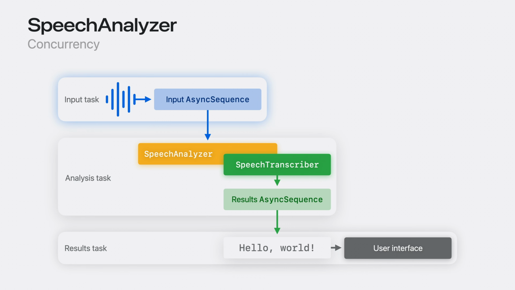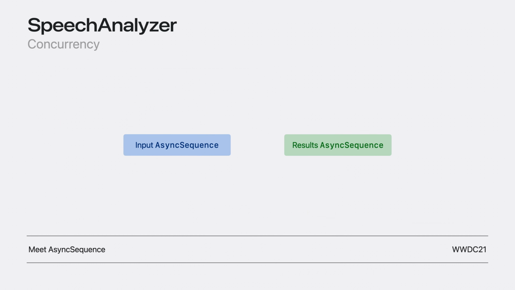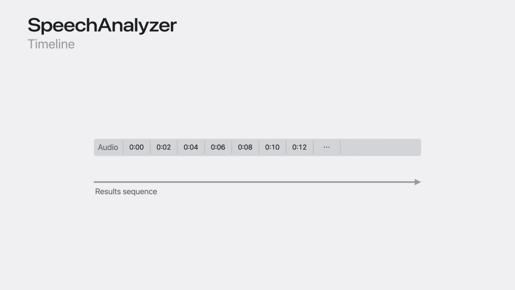Your application can add audio as it becomes available in one task, and display or further process the results independently in another task. Swift's async sequences buffer and decouple the input and results. The Meet Async Sequence session from WWDC25 covers how to provide an input sequence and how to read the results sequence.